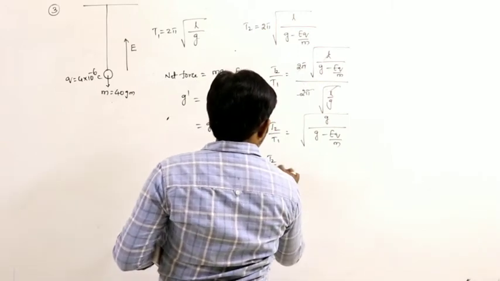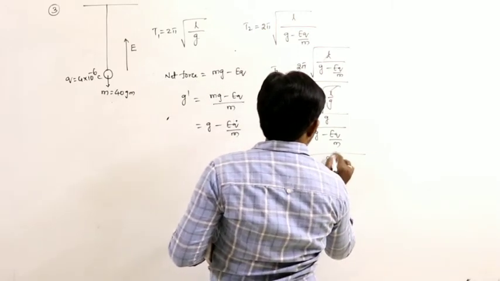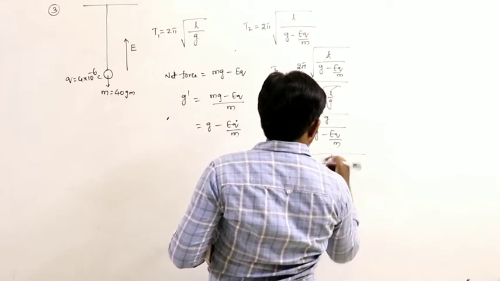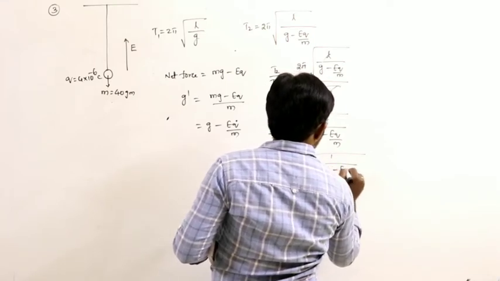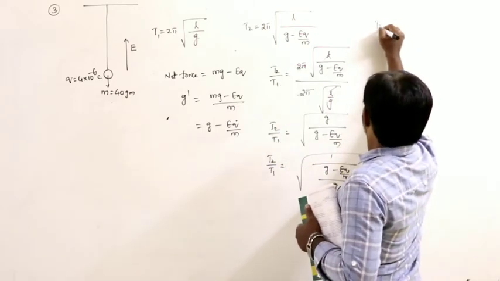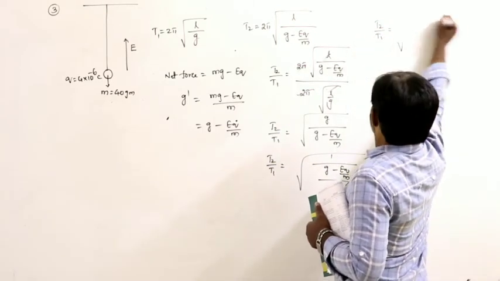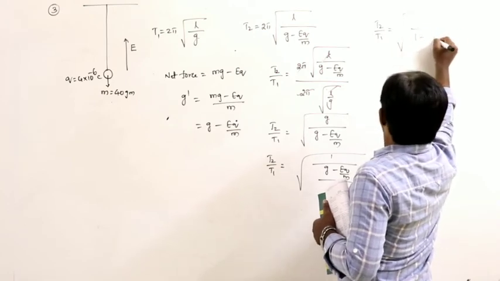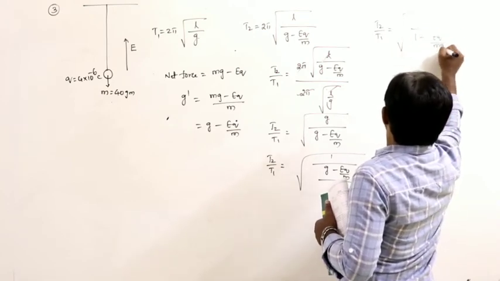That is under root 1 by g minus EQ by m divided by g. So T2 by T1 is equal to under root 1 by 1 minus EQ by mg.